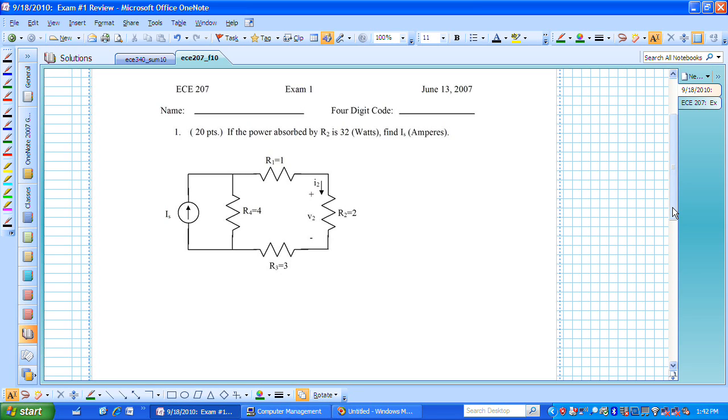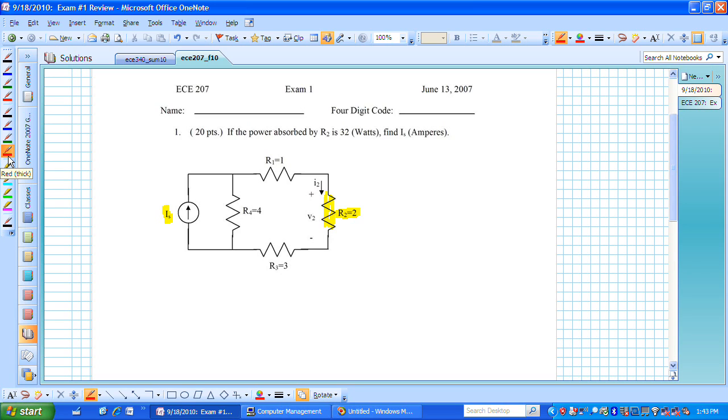This problem says if the power absorbed in R sub 2, which is this particular resistor, is 32 watts, find this particular current I sub S, which is a little bit different in terms of how you're used to thinking of these problems.